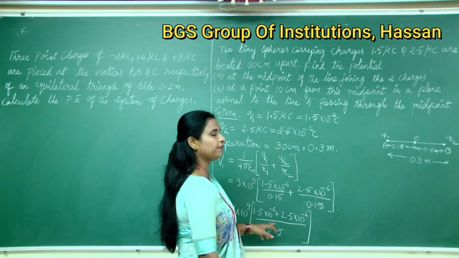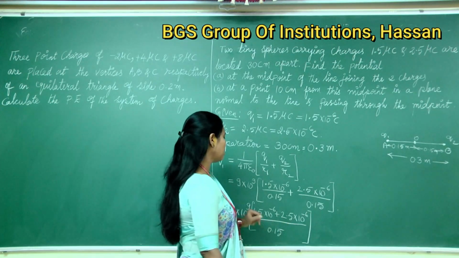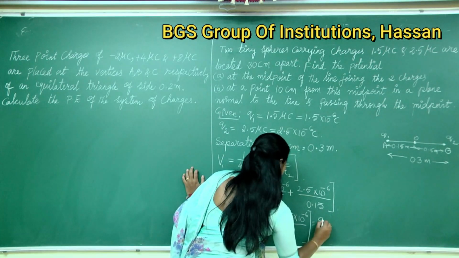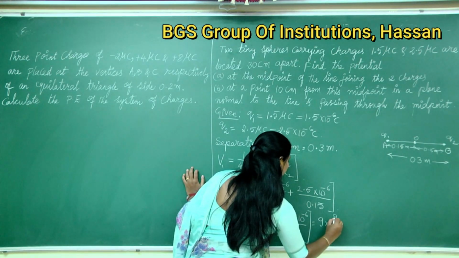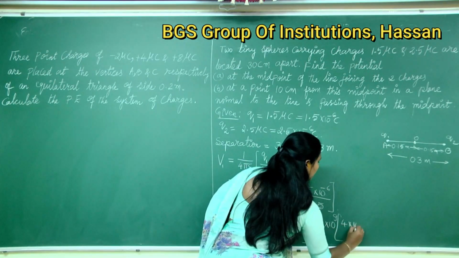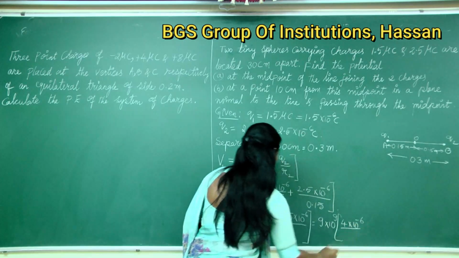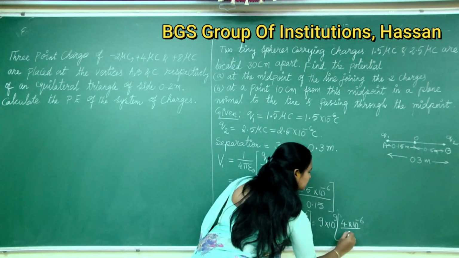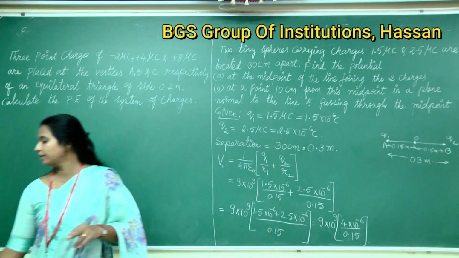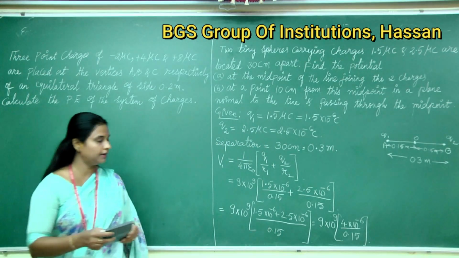That is 1.5 plus 2.5 is 4. 9 into 10 power 9 into 4 into 10 power minus 6 divided by 0.15. So calculate it using your calculator.